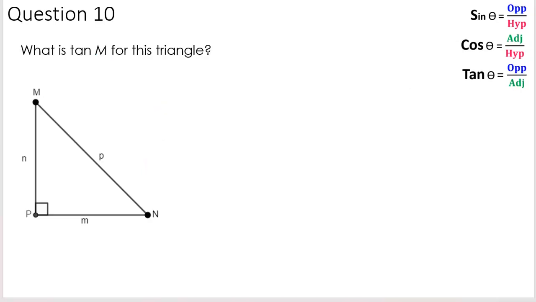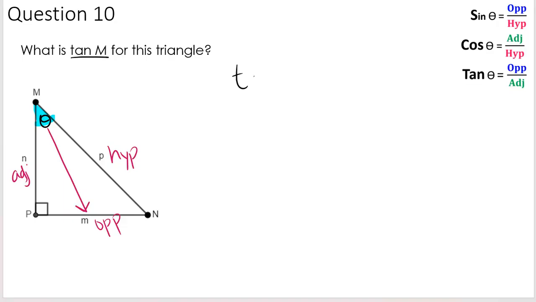Okay. What is tan M for this triangle? Same kind of thing. Here's my angle, or there's my theta, right? Okay. The long side's the hypotenuse. The side that's away from it is opposite. And this guy is the adjacent. Okay.